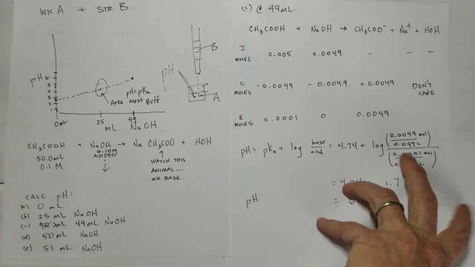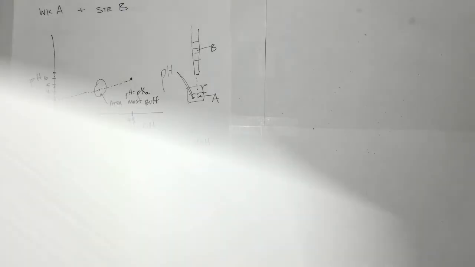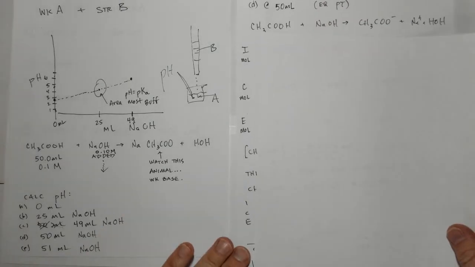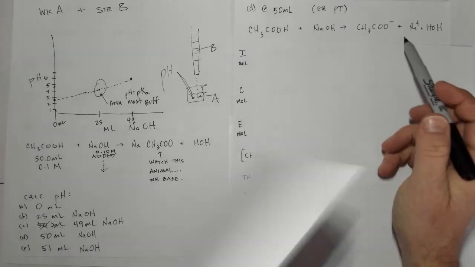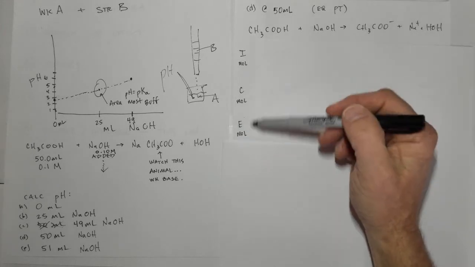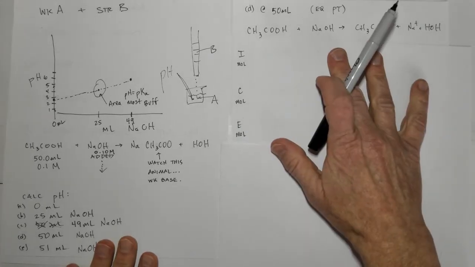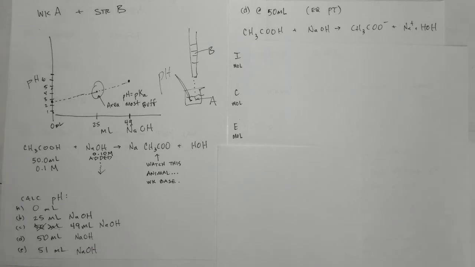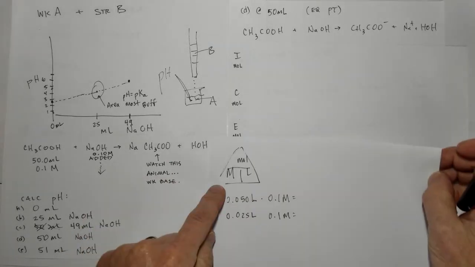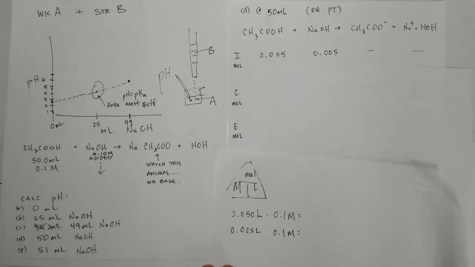So in letter D now, we have 50 milliliters of NaOH added. And so same equation right here. Ice table over here in moles because it is a titration experiment once again. And using the molarity triangle, converting to moles, I have 0.005.